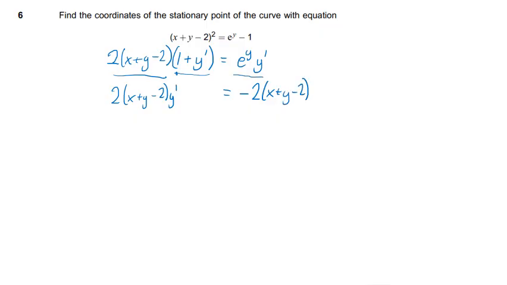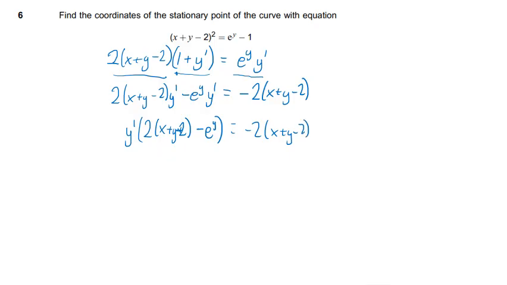And then the e to the y term, we're going to move to the left-hand side. So we've got minus e to the y primed. Okay, now that we've isolated the y prime terms, we can factorize. So we've got 2 times x plus y minus 2, and then minus e to the y. And then we just need to divide by that.